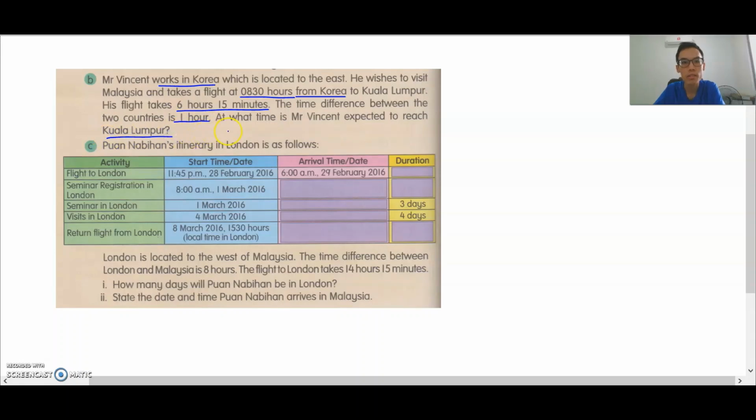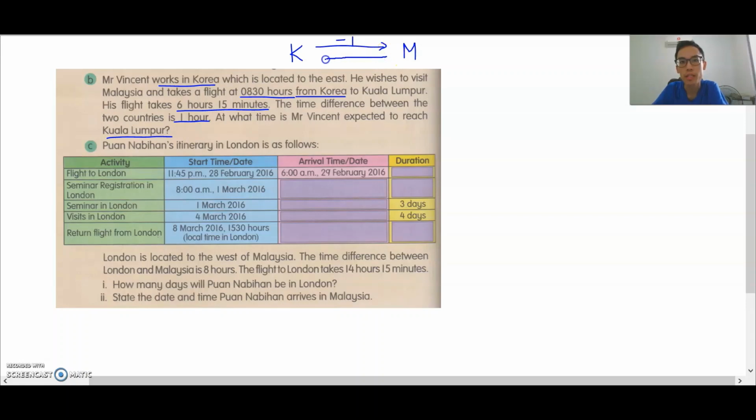Okay, I underline all this important information that will help you to decide how to solve this. Now, Korea is in the east. That means Korea is 1 hour ahead of Malaysia. So if you take Korea's time, change to Malaysian time, you have to minus 1, because we are 1 hour behind.